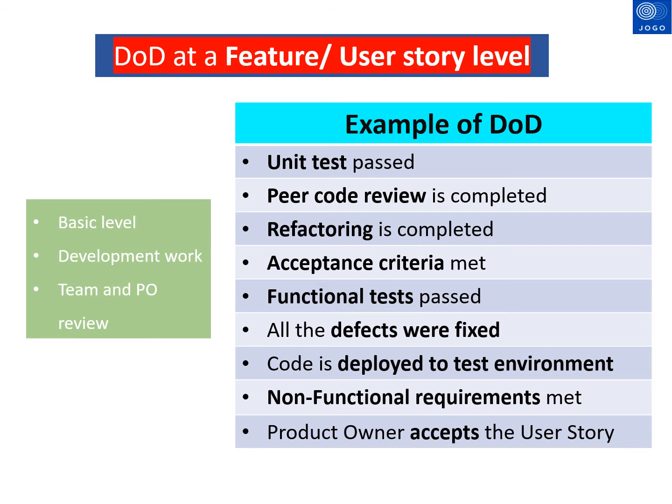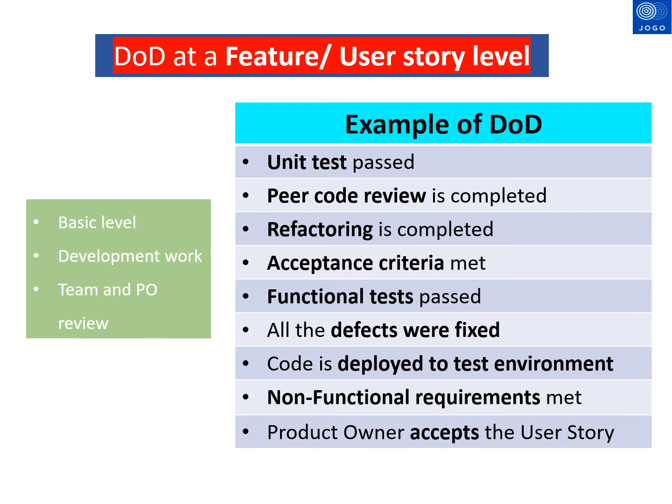An example of DoD at feature or user story level is available in this table. Since this level focuses more on the development activities, most of the DoD items will be related to development, testing, and review. Team will check each of these items to complete the user story or feature.